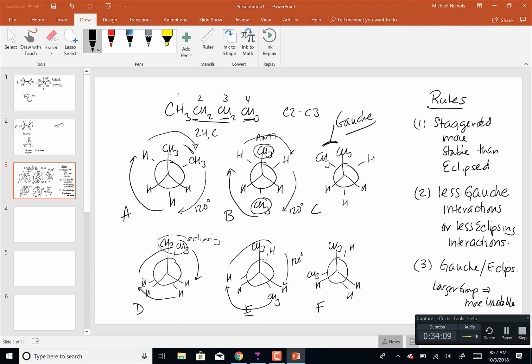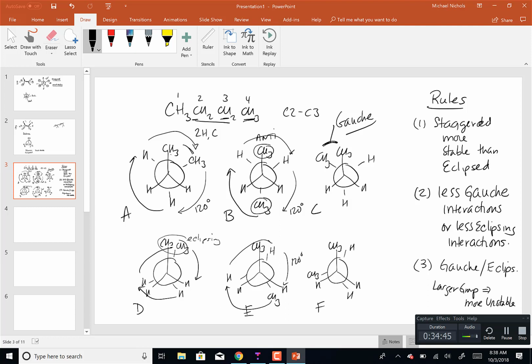So if we apply them here, which conformation is the most stable overall? B? We're all in agreement that B is the most stable? Then what about next most stable? Well, your 2 choices are A and C. They have the same energy.